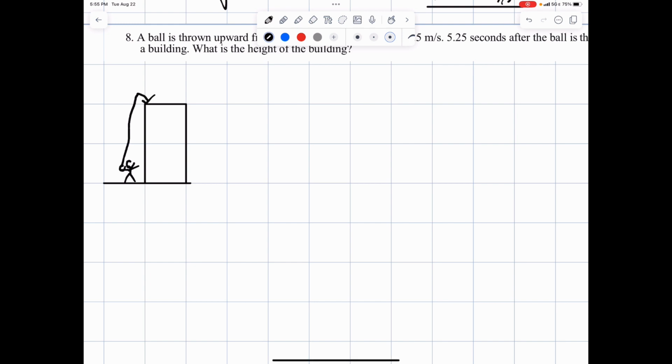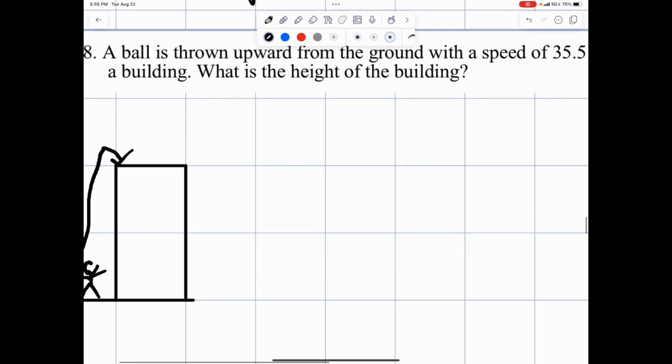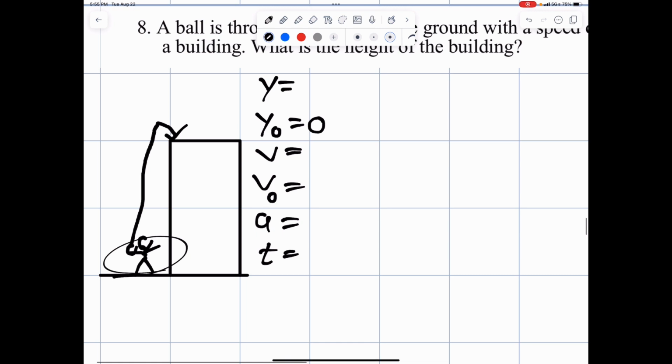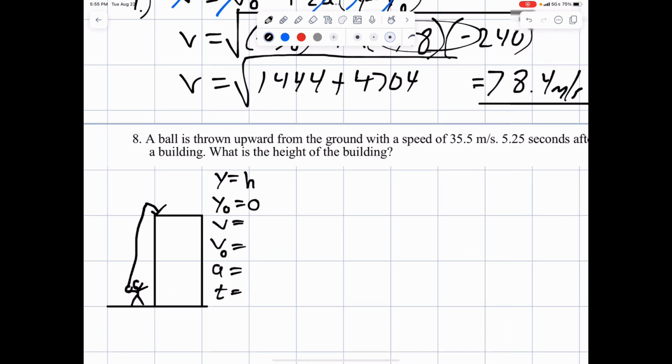Okay, so what do we need to know about this? Well, make your list: y naught, v naught, a, and t. I'm going to let y naught be 0 because we're starting at the bottom. Then I'm going to let y equal the height of the building, which I don't know.